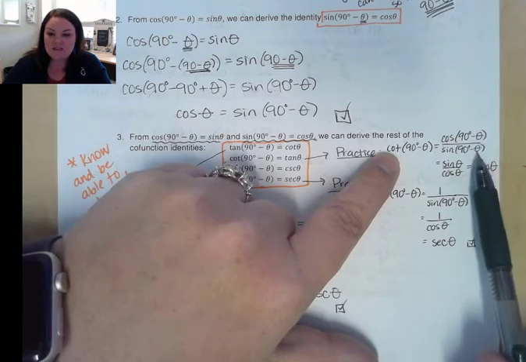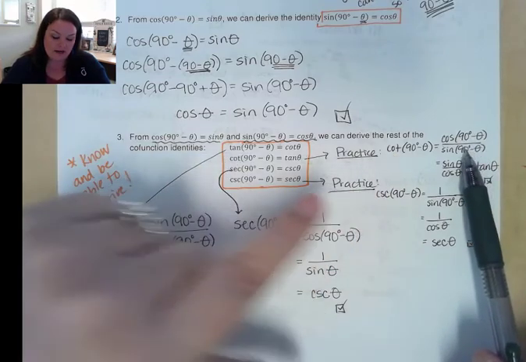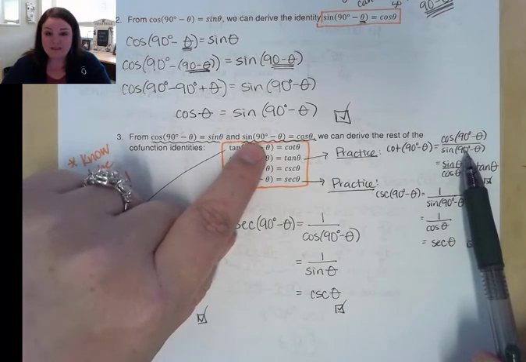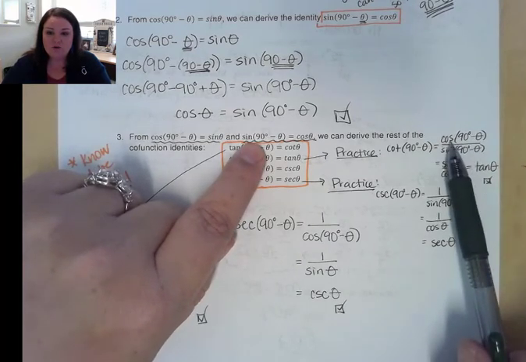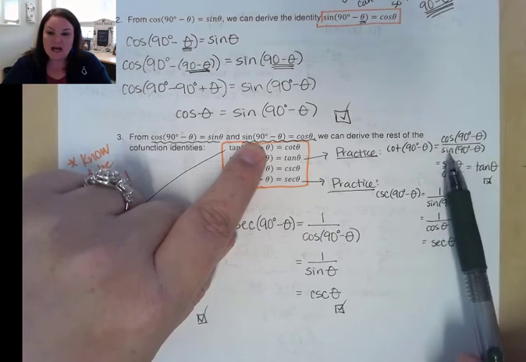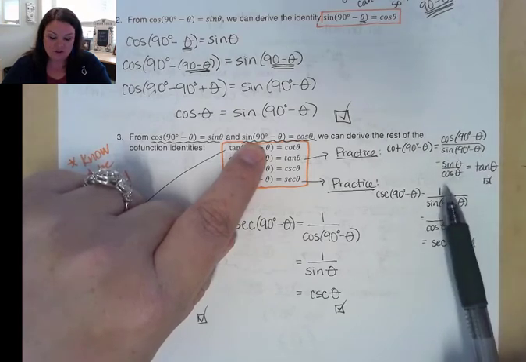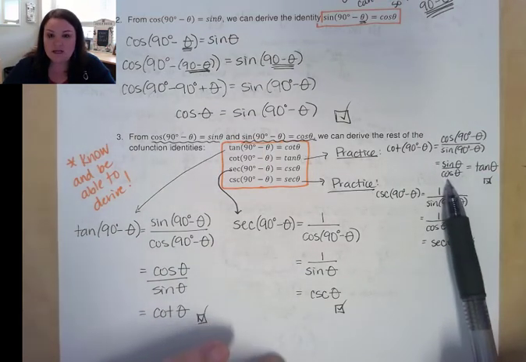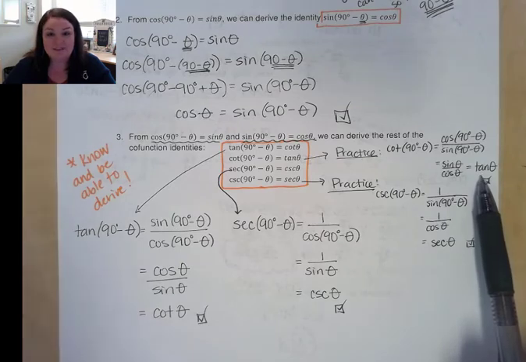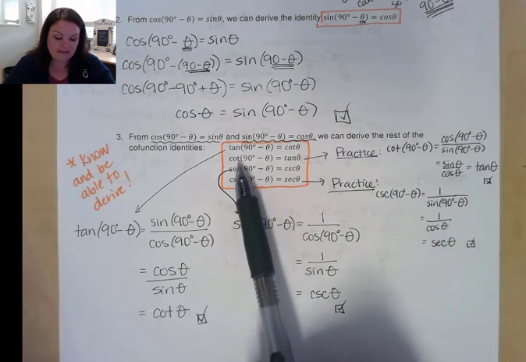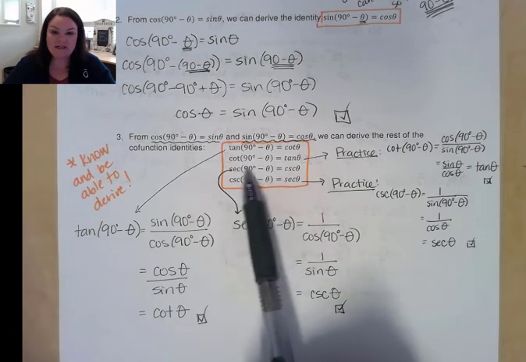And now numerator and denominator I can replace using the two identities that were proven at the top of this page. Cosine of 90 degrees minus theta is just sine theta. Sine of 90 degrees minus theta is just cosine theta. And the ratio of sine theta over cosine theta does in fact equal tangent theta.